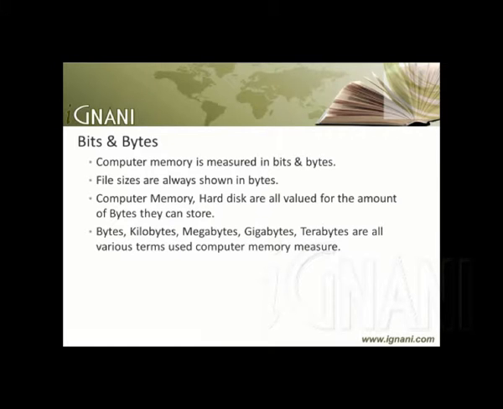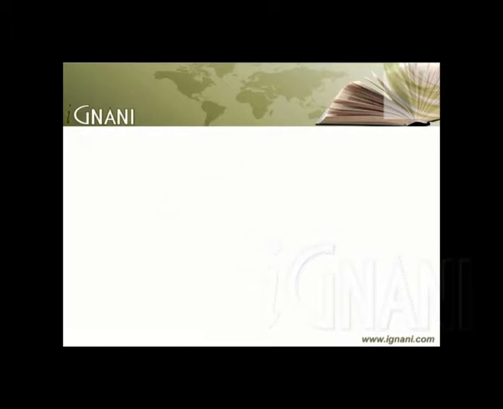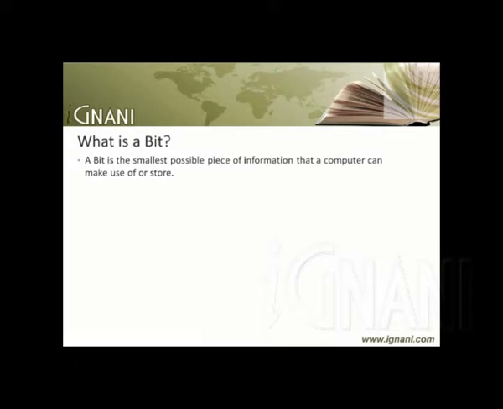This does not mean that bytes are the smallest possible data measure. That crown goes to bit. What is a bit? A bit is the smallest possible piece of information that a computer can make use of, or store. Whenever I used to say that computers can only understand ones and zeros, I was actually referring to bits.